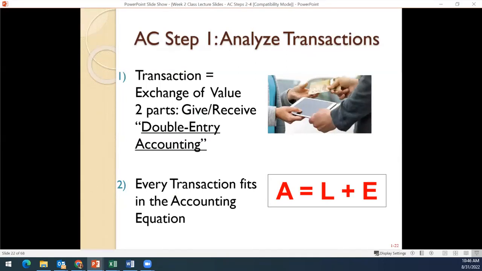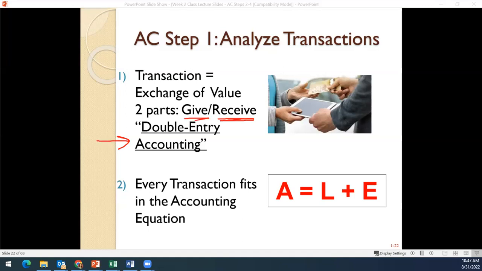In which a company has exchanged value. So everything that a business does is an exchange of value, right? The company is both giving and receiving. So we need to look at both sides to consider for everything what was given, what was received. And that's where this concept of double entry accounting comes in, because we are accounting for both sides.